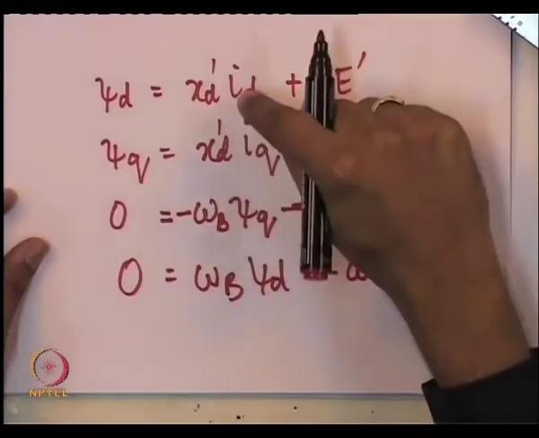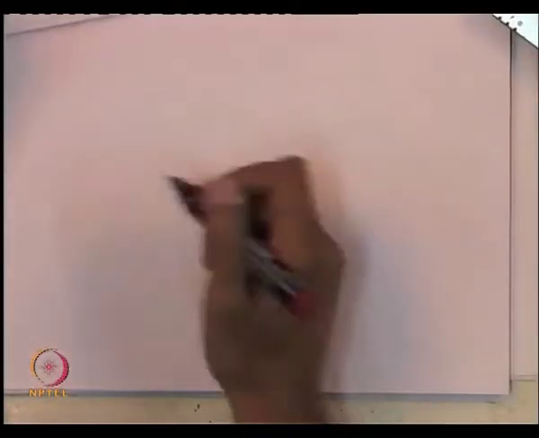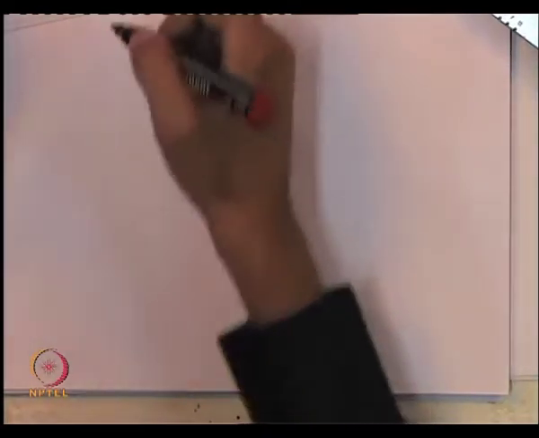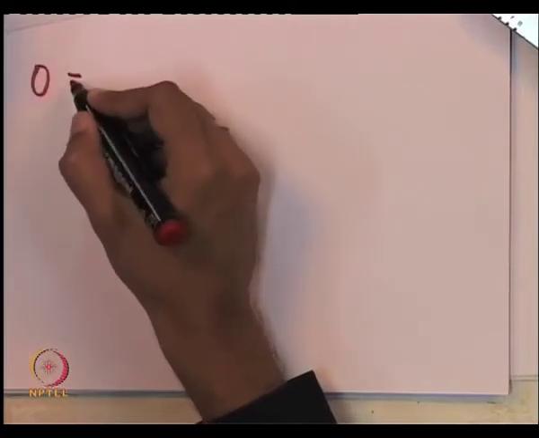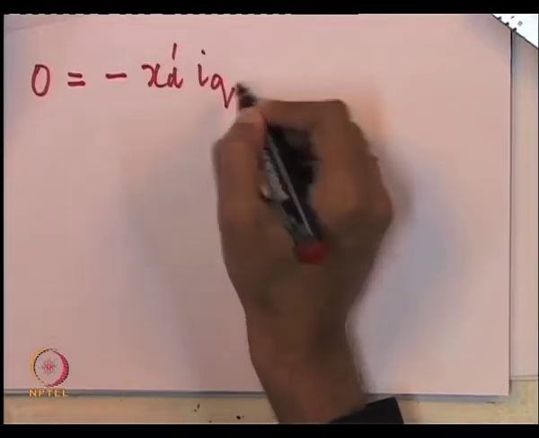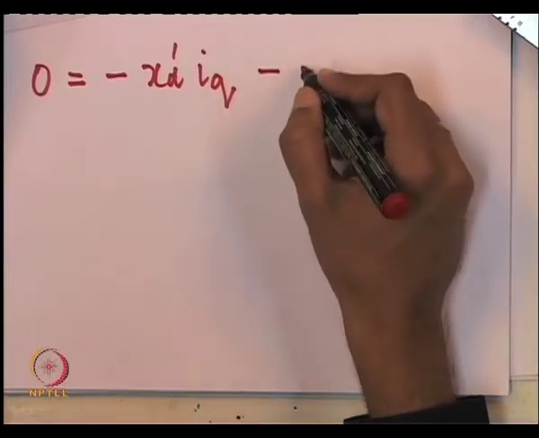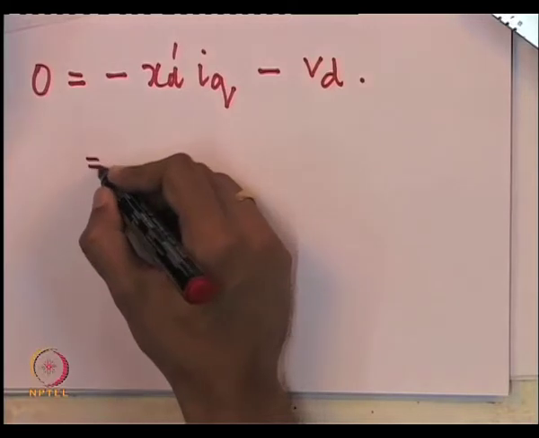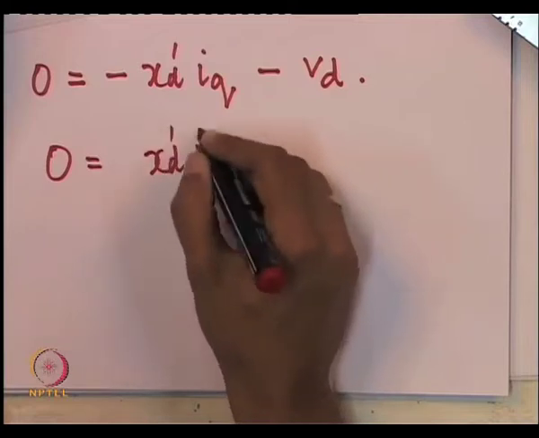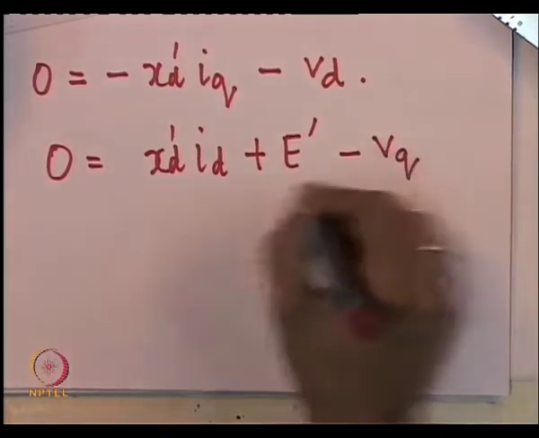And what you can do is effectively substitute for psi d and psi q in these equations. So, what you will have eventually is 0 is equal to minus of x d dash I q, minus of v d, and what we will have here is x d dash I d plus E dash minus V q.